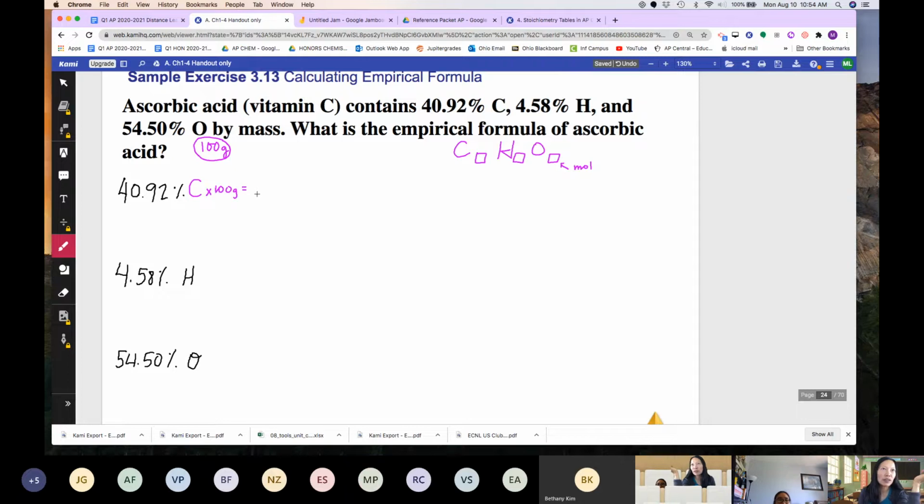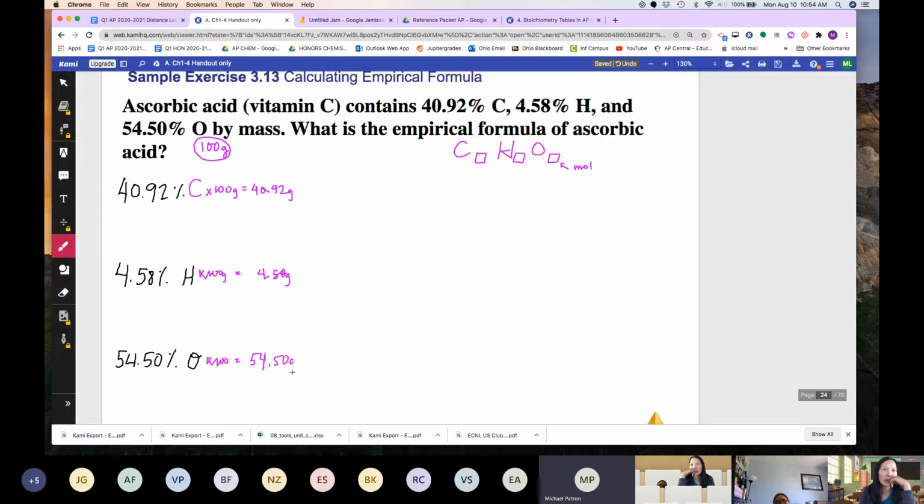You can use whatever. So I have 40.92 grams of this, 4.58 grams of this, and 54.50 grams of that.